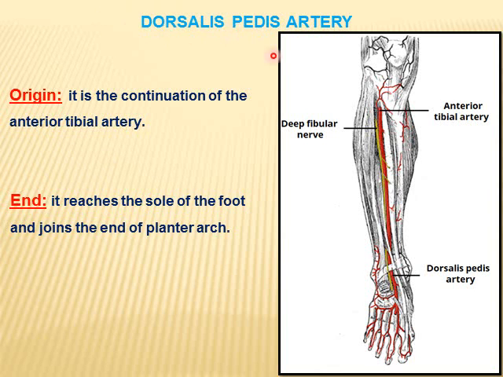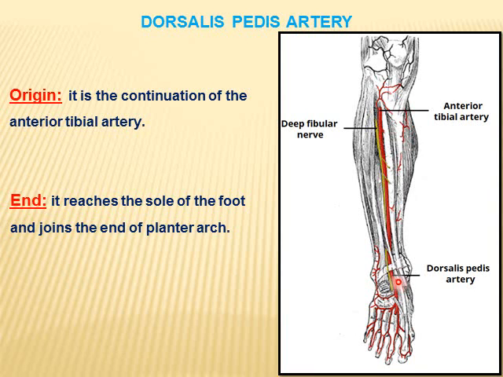Dorsalis pedis artery begins as a continuation of the anterior tibial artery. It enters the foot by passing superficially on the dorsum of the foot in front of the ankle joint, and finally terminates by reaching the sole of the foot and joining the end of the plantar arch.